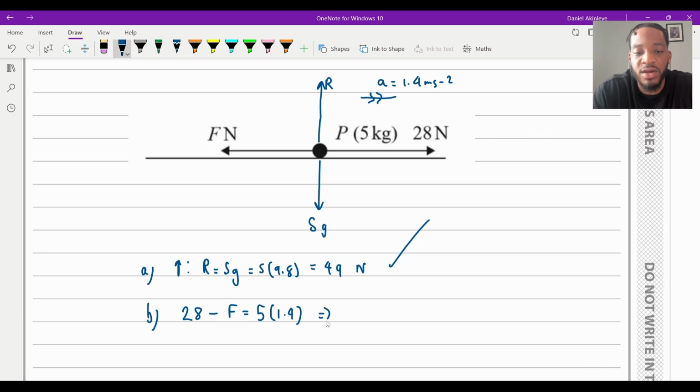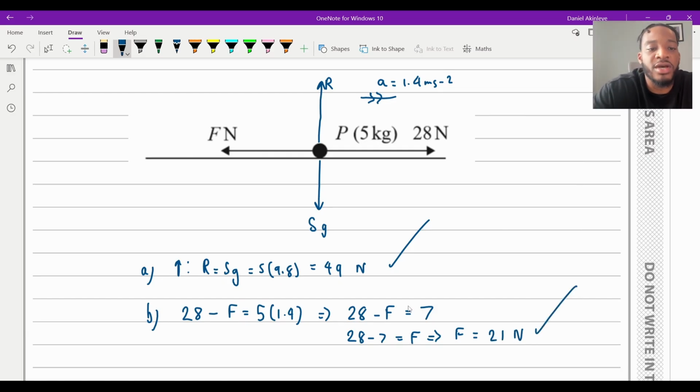Tidying this up, we've got 28 take F equals 5 times 1.4, which is just 7. To get F, we move the F and minus 7 across. That means F is equal to 21 newtons. So that's done.